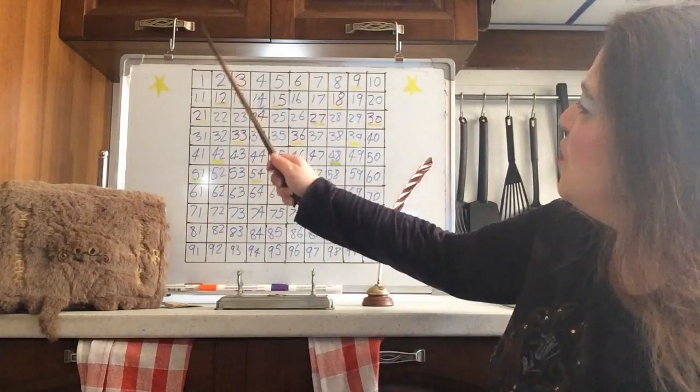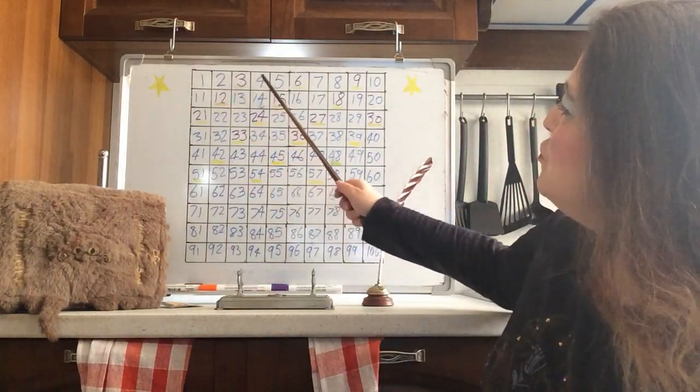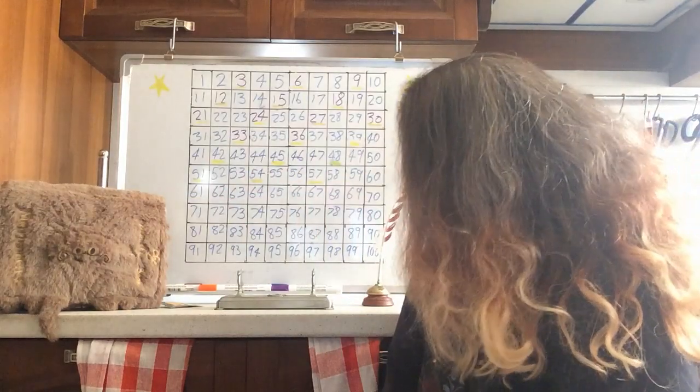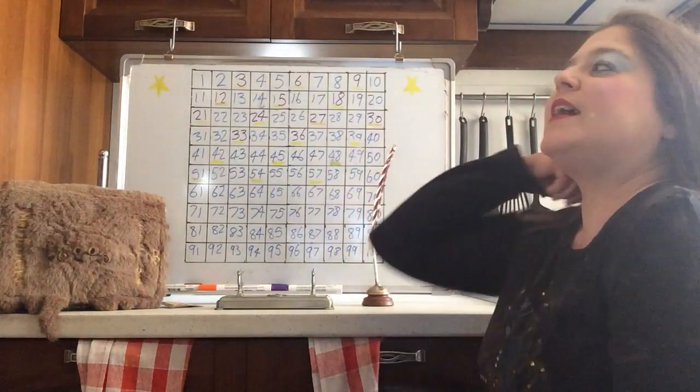Oh my goodness. All right, check and make sure that you have 2 spaces between each number that you've marked. Remember, we're counting in multiples of 3, so we need to make sure that we've made the correct jumps. Oh my goodness, how quick you guys are.